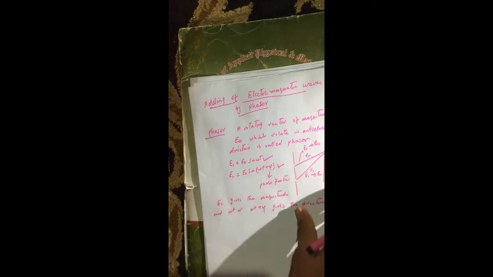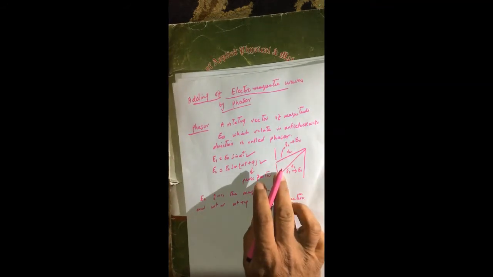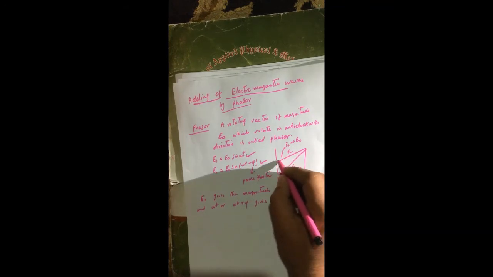Because if we look here, both these vectors have different directions. The direction of this vector is different from the direction of this vector. Its direction is given by this one.